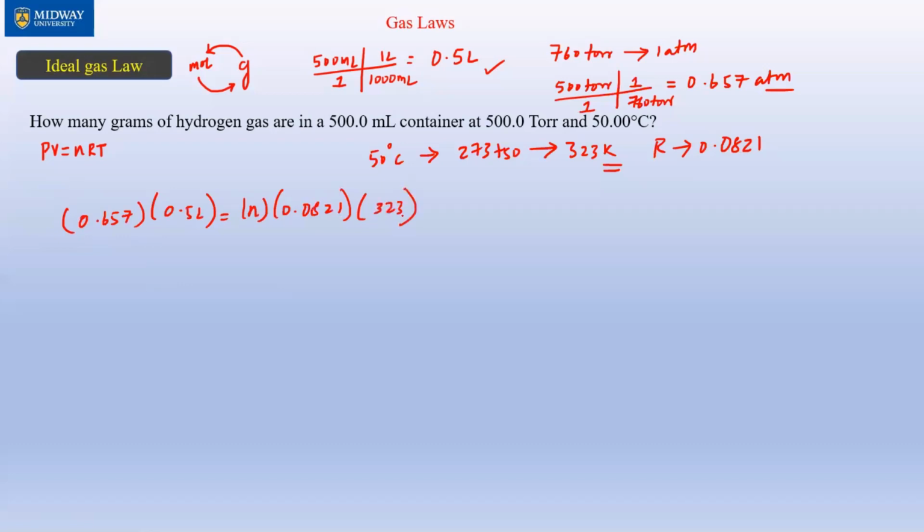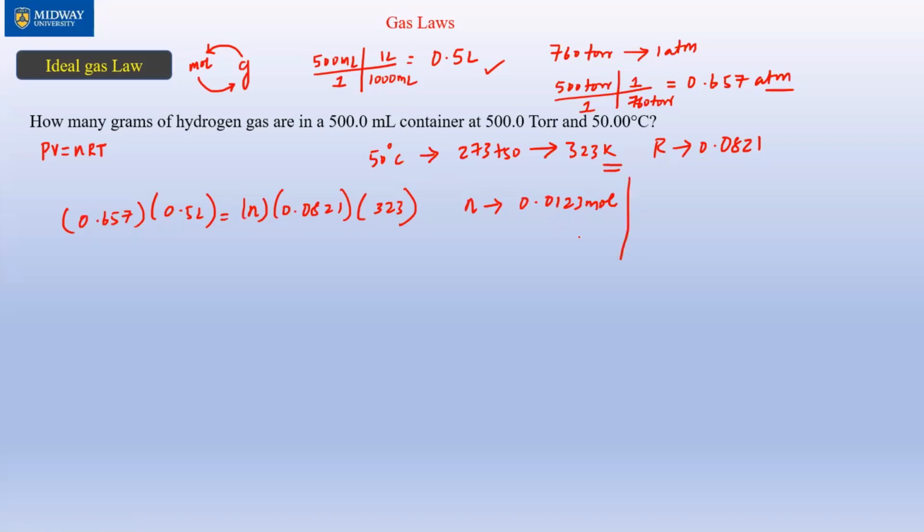If you plug all this in and solve for n, again, we're extending our knowledge from the previous course. The n value is 0.0123 moles. How many grams do I have?